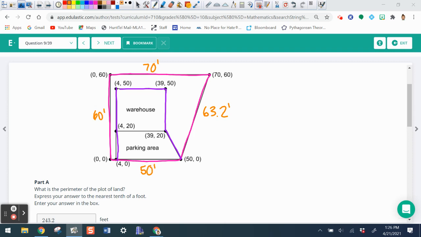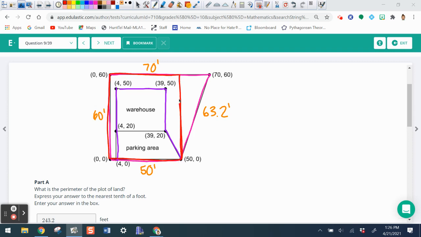So there are multiple ways to do this at this point. It depends on what formulas you know or know how to use. I'm going to approach it the way that most of you will probably approach it on the test. So I'm going to take this point here and draw a vertical line to make this rectangle.